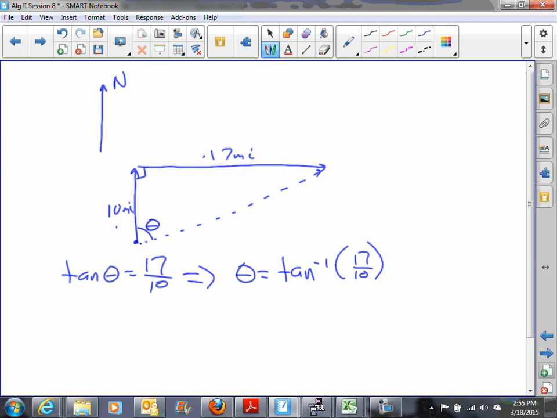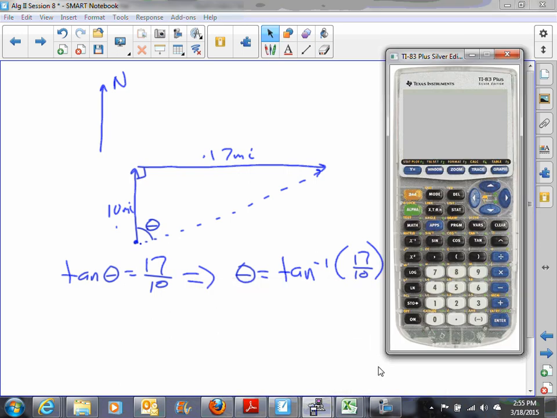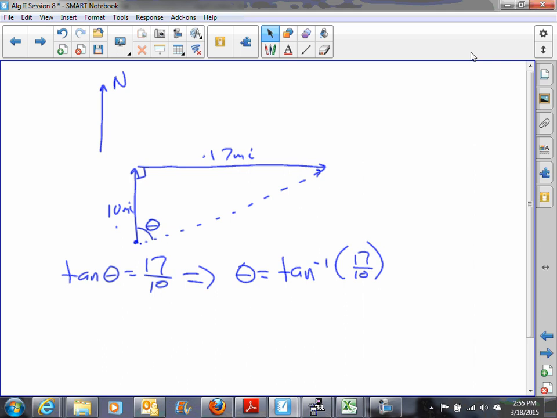Or theta is the angle whose tangent is 17/10. So if we were to take the calculator now, and what we do is we type second tan, 17 divide 10, close paren, we get 59.5. So theta is 59.5 degrees approximately. And that shows us that.